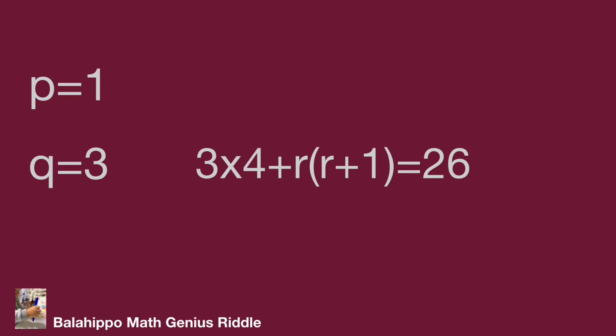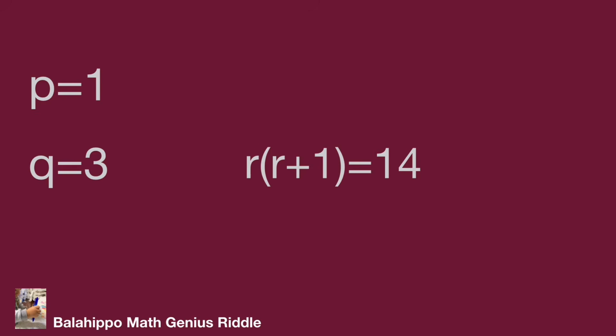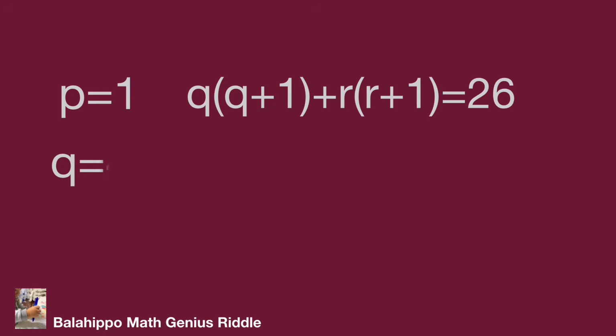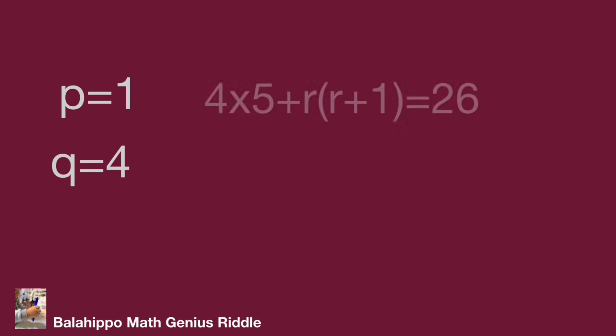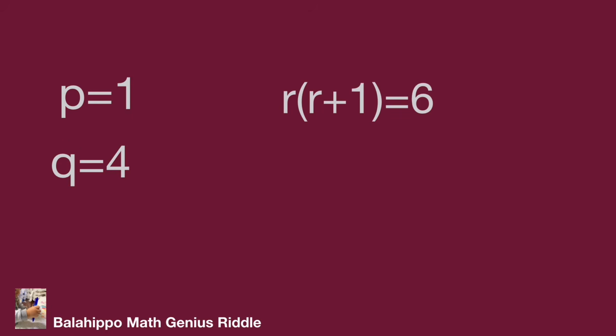While q equals 3, 3 times 4 plus r times quantity r plus 1 equals 26. R times quantity r plus 1 equals 14. No solution for r. While q equals 4, 4 times 5 plus r times quantity r plus 1 equals 26. R times quantity r plus 1 equals 6. 2 times 3 equals 6. Got r equals 2.